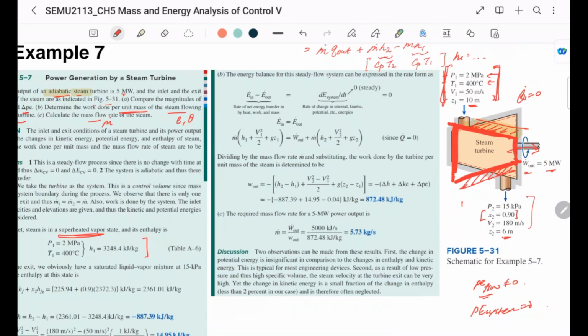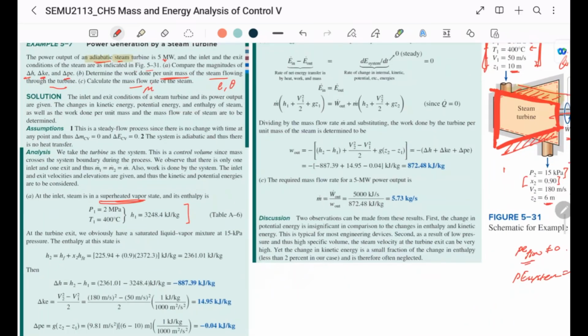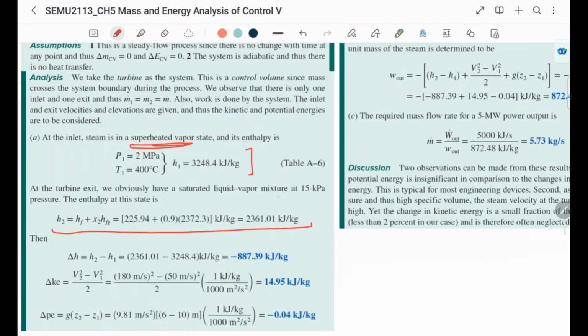This is the quality of the mixture, 0.9, which means 90% is vapor, 10% is liquid. So at this pressure, you have to look for the state H2 based on this equation, just like how we learned in chapter 2 before this.